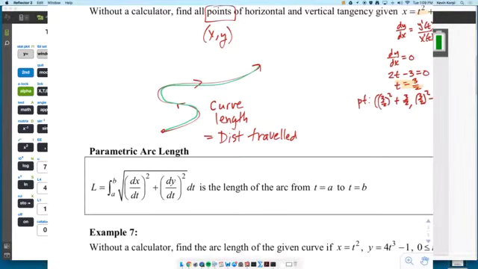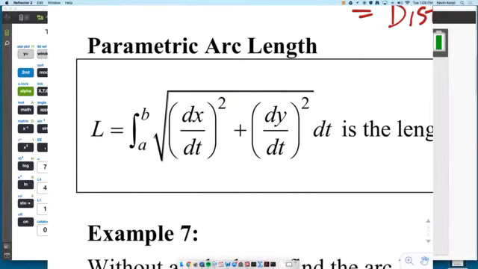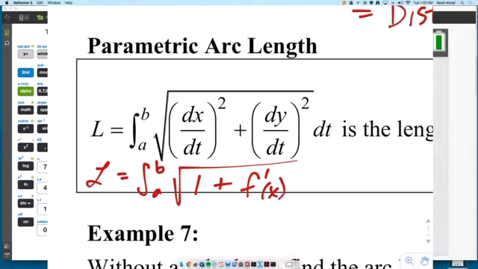Okay? So here is the formula for parametric arc length. It's very similar to rectangular arc length. Remember, rectangular arc length was the following. I'll write it underneath here. It was the integral from x equals a to x equals b, square root of 1 plus f prime of x squared. We just did that. You're still taking the derivative, and you're still squaring it, but you're going to be doing each of them independently.